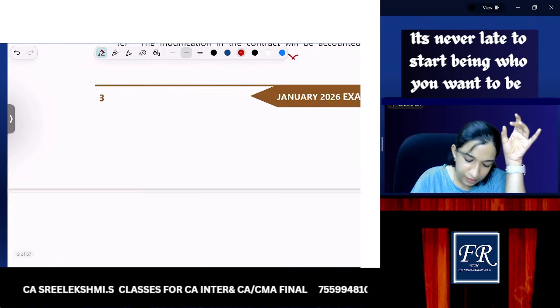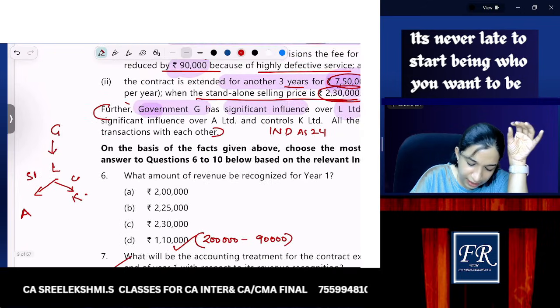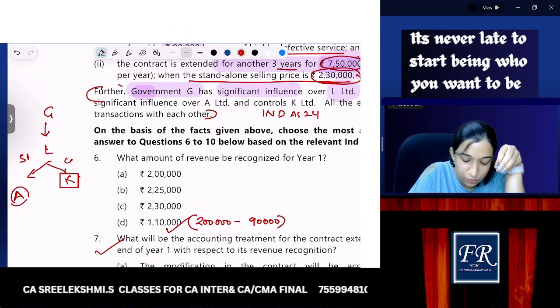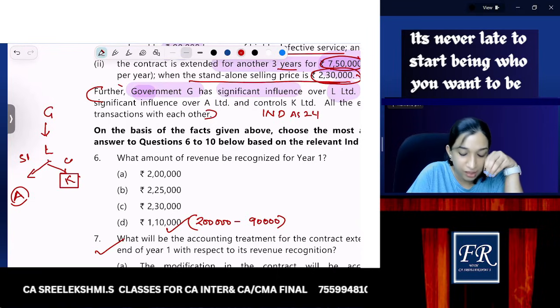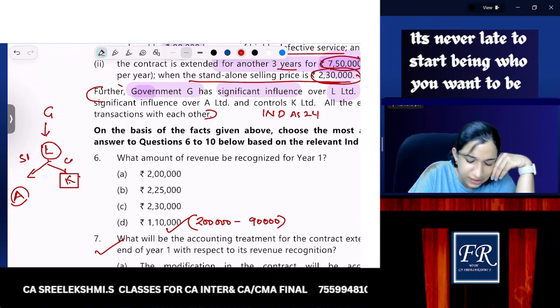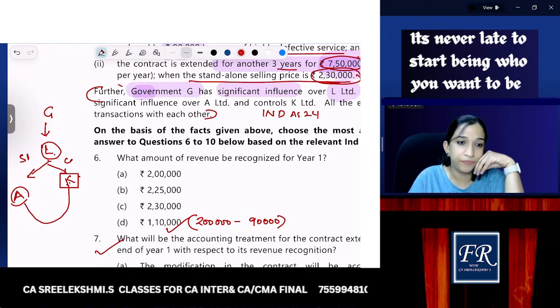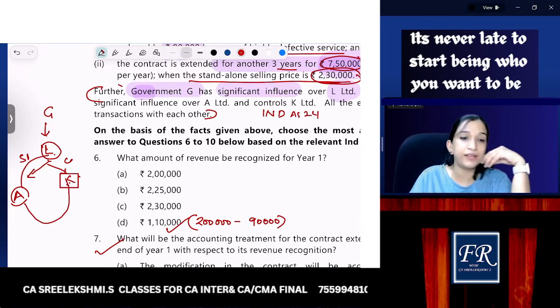See here, A and K are related parties because a common investor is having significant influence over one and control over the other. If the same investor is having significant influence and the same investor is having control, then A and K are related parties. A and L are related parties.